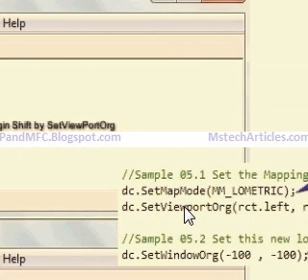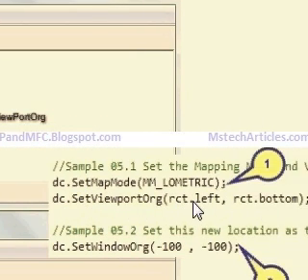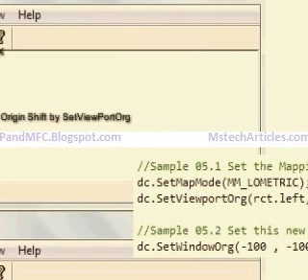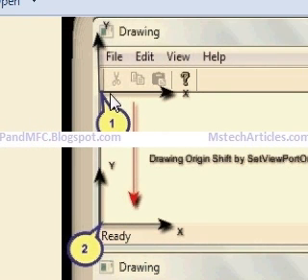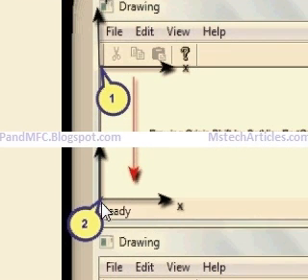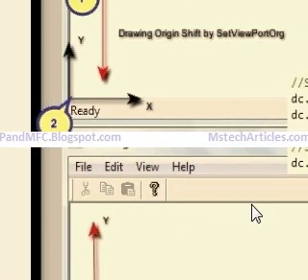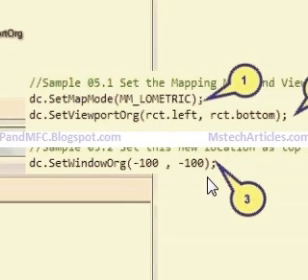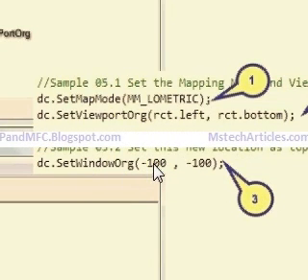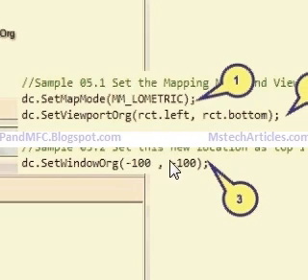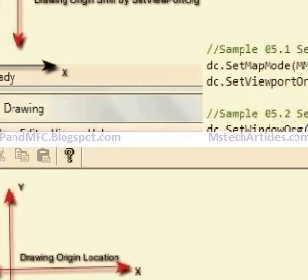Then I'm setting the viewport origin as rect.left and rect.bottom. So in the second step, this viewport origin is moved to the lower left corner of the window. Then I'm specifying SetWindowOrigin minus 100, minus 100. Note this is in pixels, as I already told, and this is in logical units.